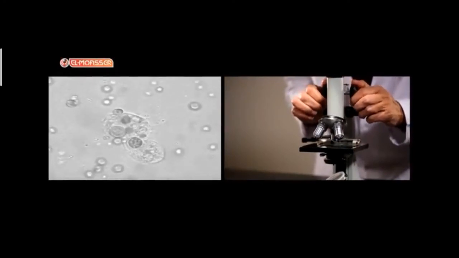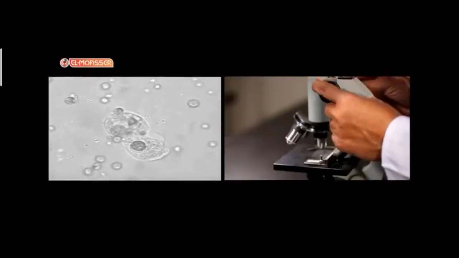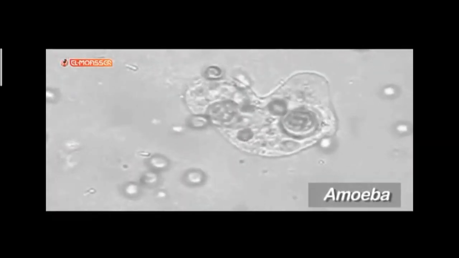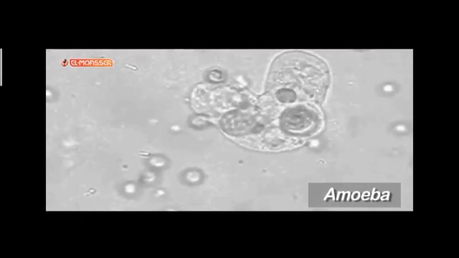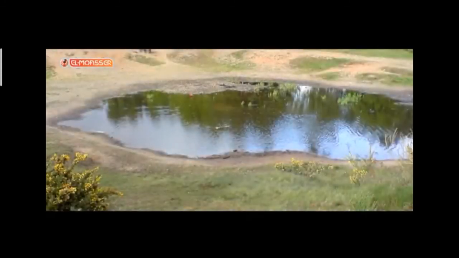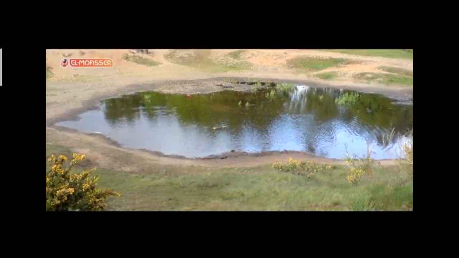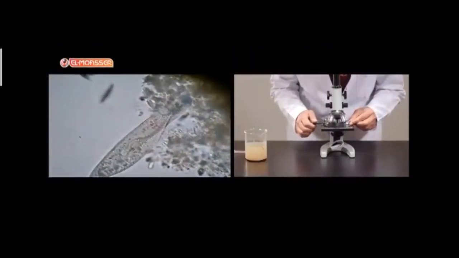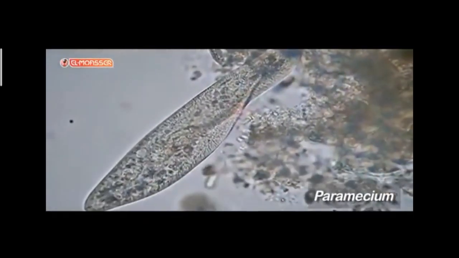You can see there amoeba, which is moving by pseudopodia, changing its shape. It will be present in pond water. See another microorganism. It is paramecium.